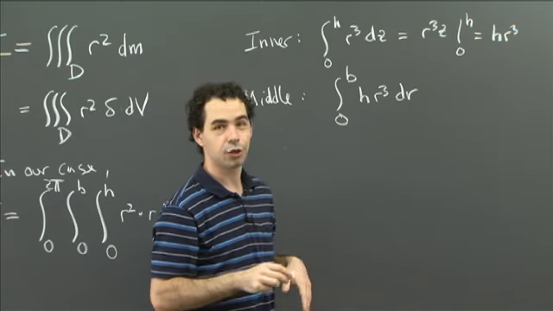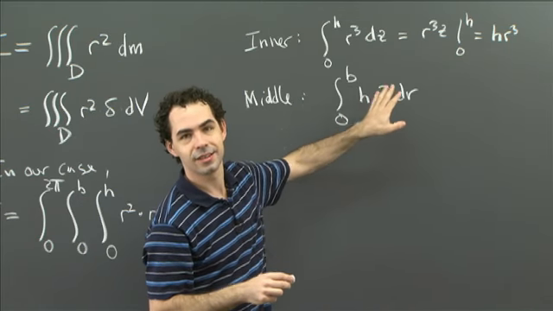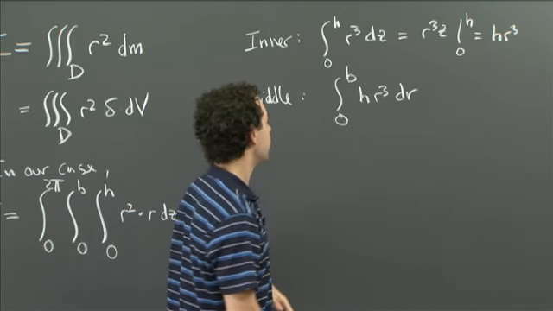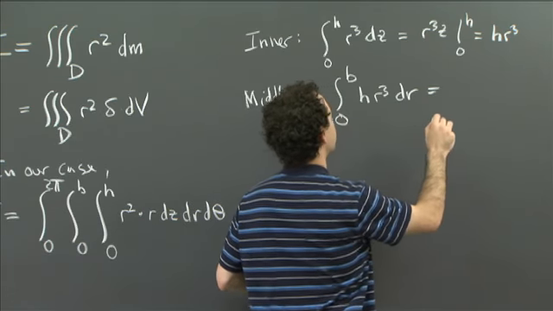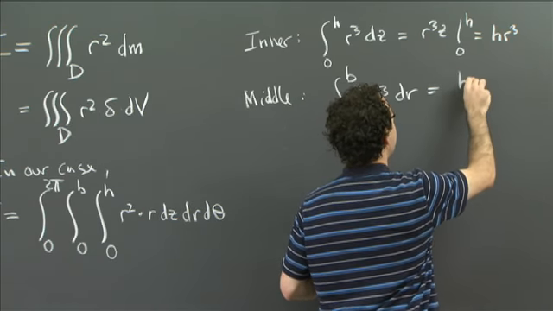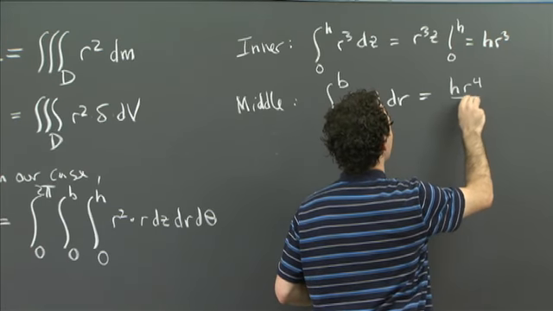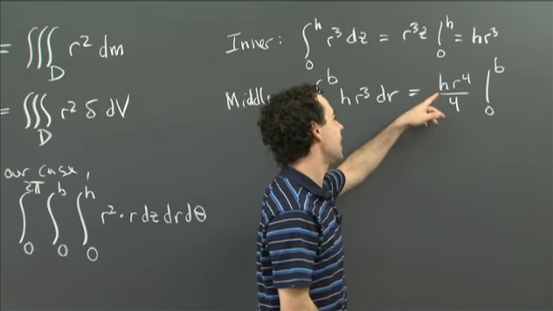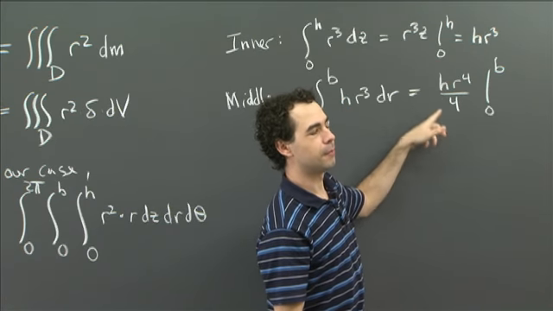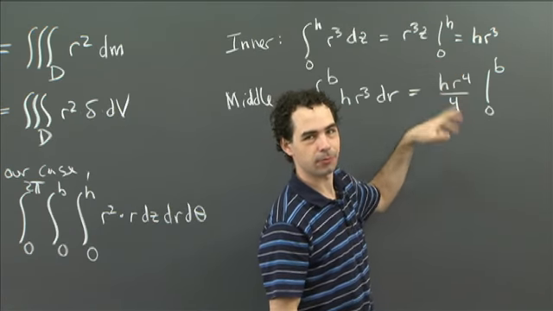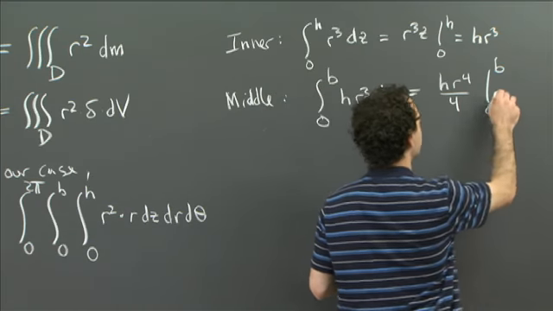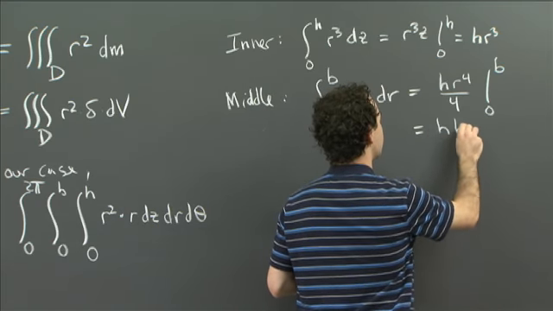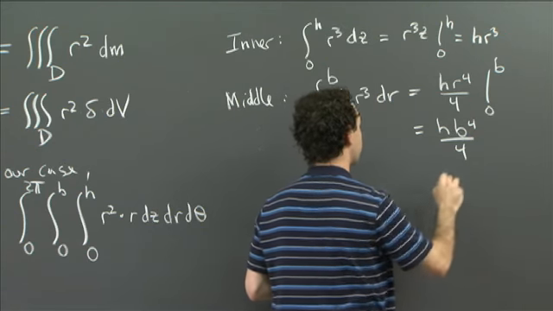This is not quite as easy, but h is a constant. We're integrating r cubed. I've done worse. So that's going to be hr to the 4th over 4 between 0 and b. So that's hb to the 4th over 4 minus h times 0 to the 4th over 4. The second term is 0. So this is just equal to h times b to the 4th over 4.